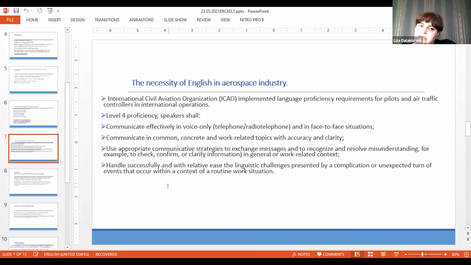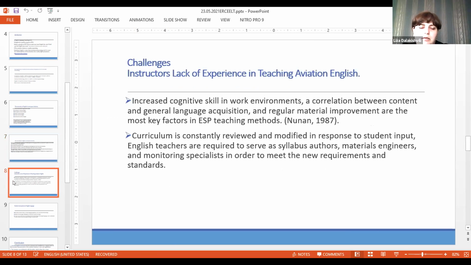There is also level 6, which means that only native speakers have permission to hold level 6 licenses. For non-native speakers, it's mostly level 4 and 5. Especially, what are the challenges during this working process?